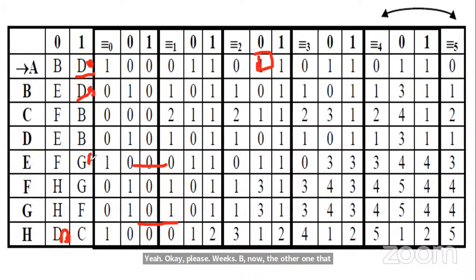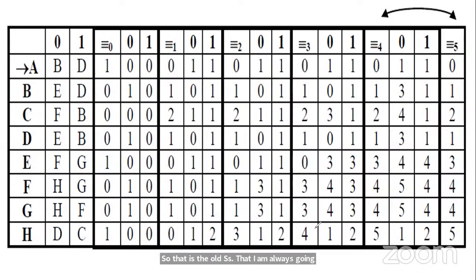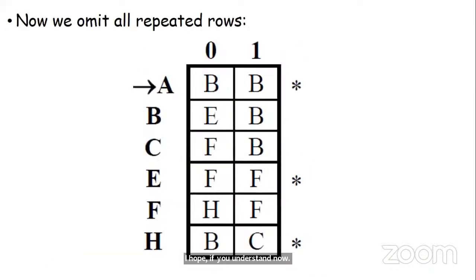G will be taken over by F. Is there any other G? So that is the whole essence that I was trying to explain. I hope you understand now. So that is where we arrived at this, and by the time we remove those repetitive states, we arrive at this. So we omit all repeated rules, and we arrive at this.